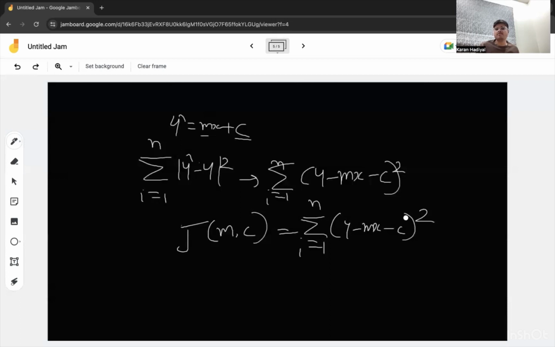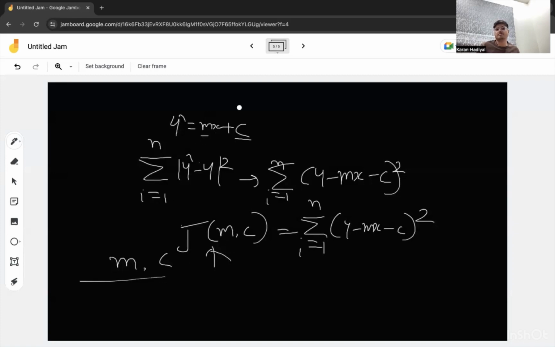Why we have used square will be discussed in the mathematical intuition video. So more or less we have concluded that linear regression is the type of regression in which there is a linear relationship between output and input, and we are supposed to find the best values of m and c which minimize this function.